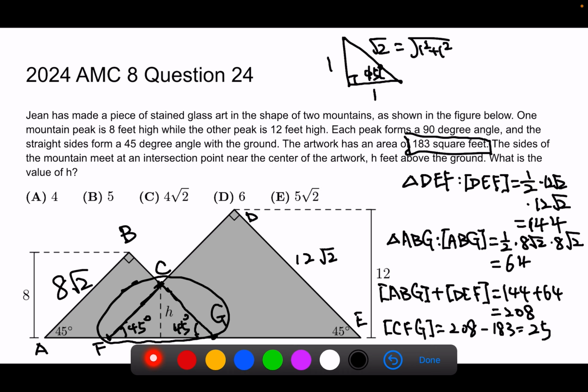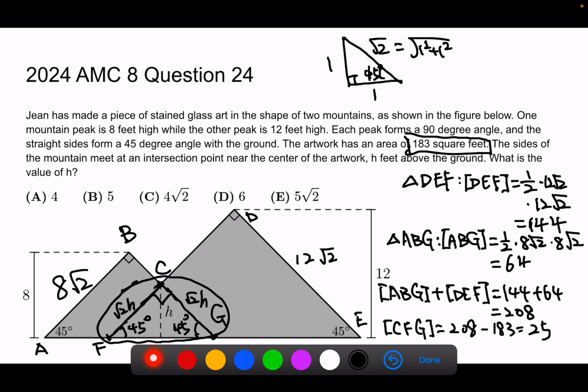Now, by looking at the picture, one more thing you will notice is triangle CFG is also a 90-degree, 45-degree, and 45-degree triangle. And if its height is h, then CF is going to be h times square root of 2. And CG is going to be square root of 2 times h as well.